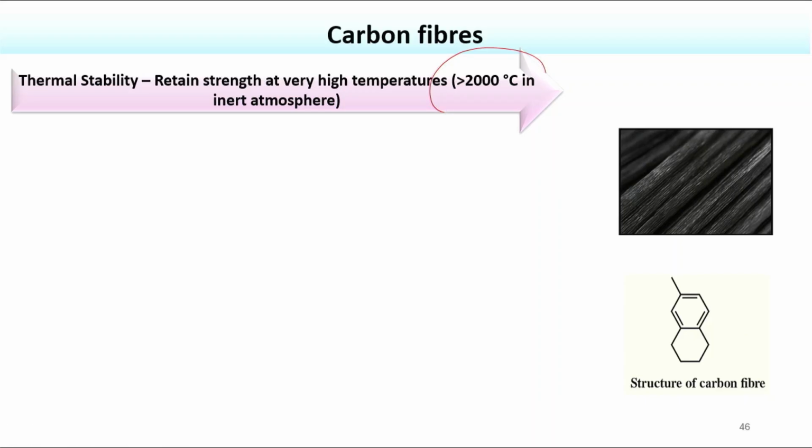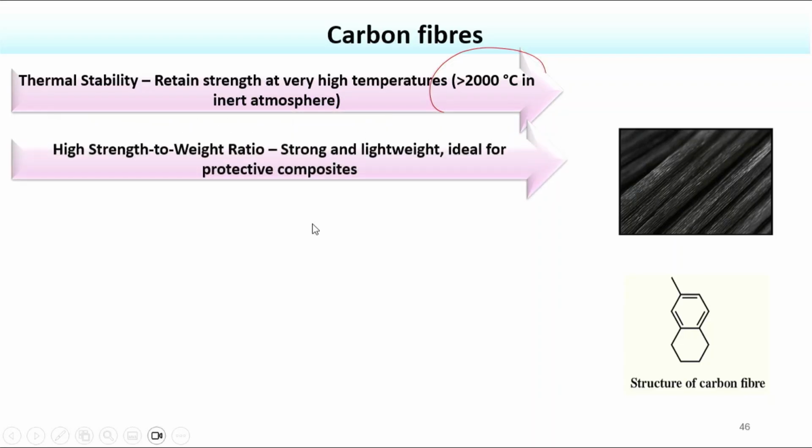So, it can retain its strength, it does not get degraded. High strength to weight ratio. So, it is very strong and lightweight, ideal for protective composites. So, in composites, as reinforcement we use carbon fiber very commonly.